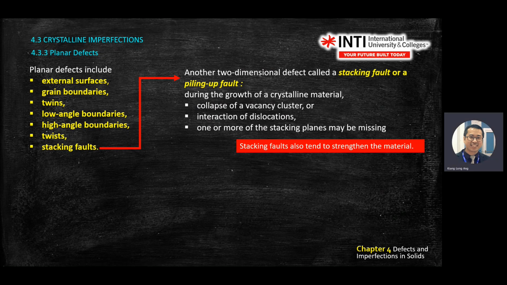Previously, I showed you the stacking of A atom, B atom, A atom, B atom. When there's a stacking fault, there's a mixture, an inconsistency between A and B stacking. Maybe we stack half already, then B goes inside B and so on. So this is on the plane dimension. The points here you can read.